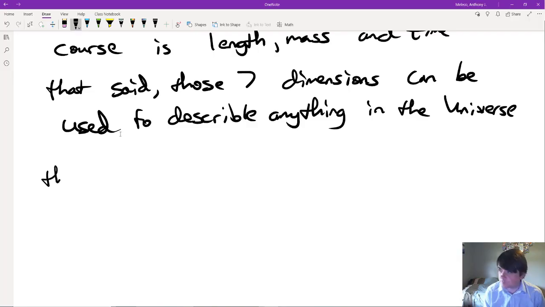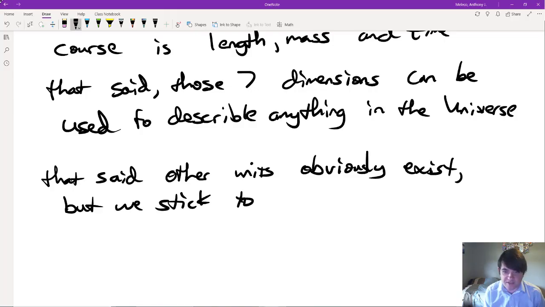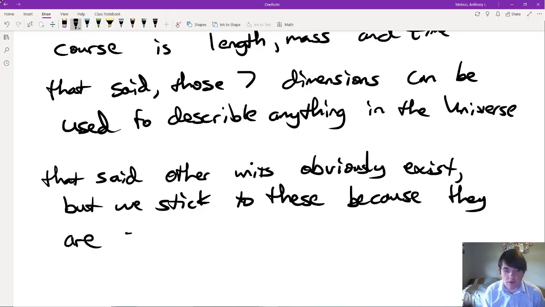That said, other units obviously exist. But we stick to these, and the reason that you use these units in the first place is because they are scalable.